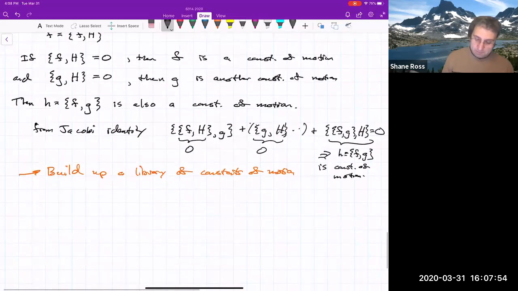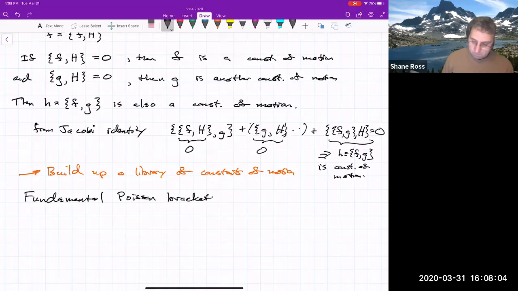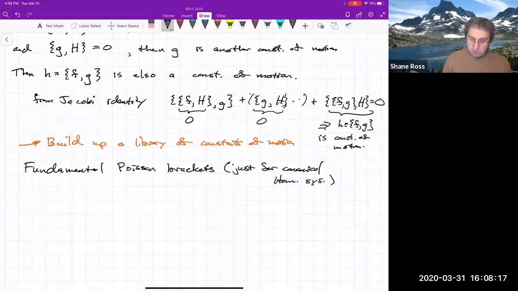But just for completeness, let me mention these things called the fundamental Poisson brackets. They have to do with the Poisson brackets of the q's and the p's with each other.